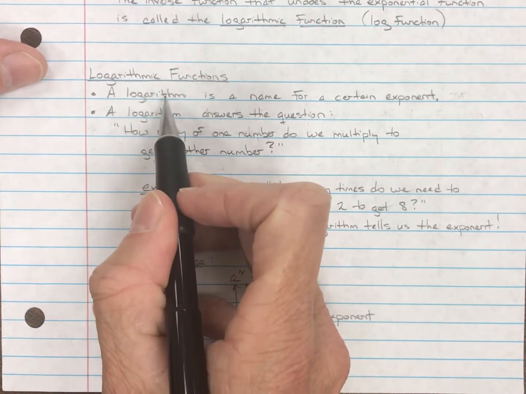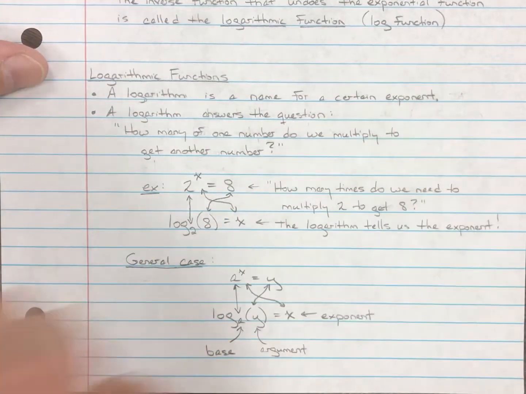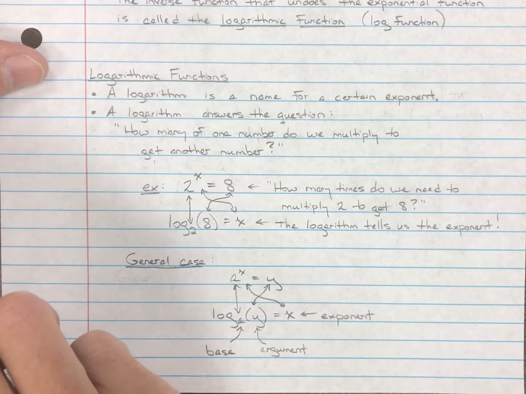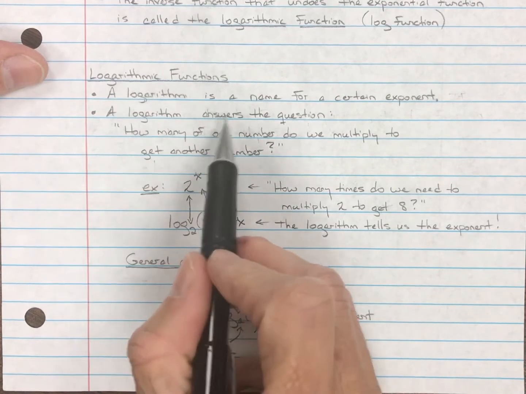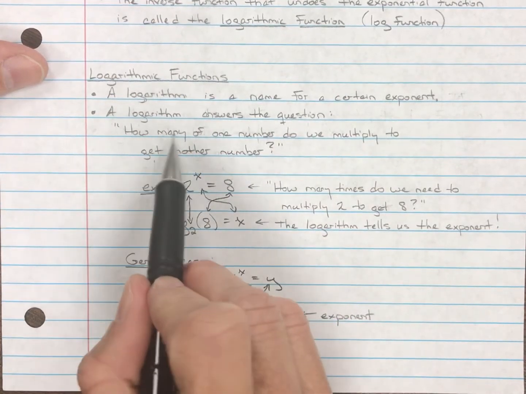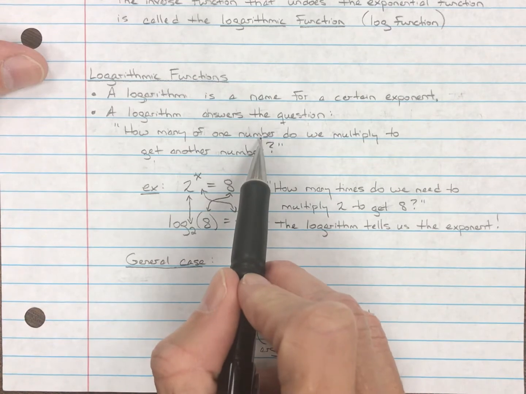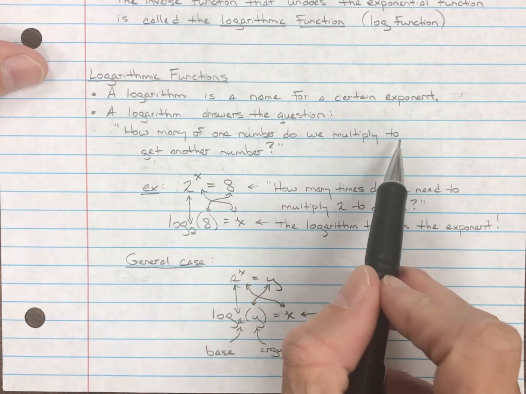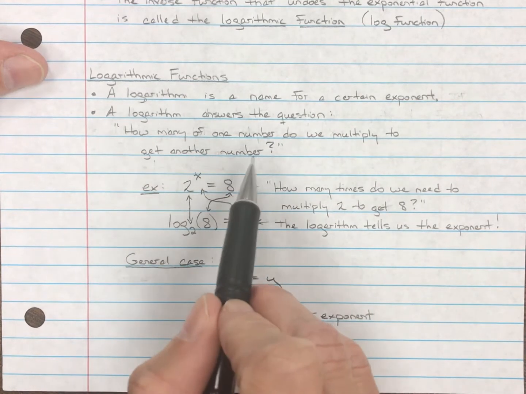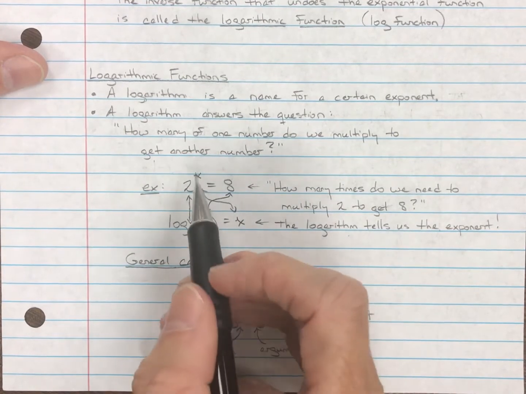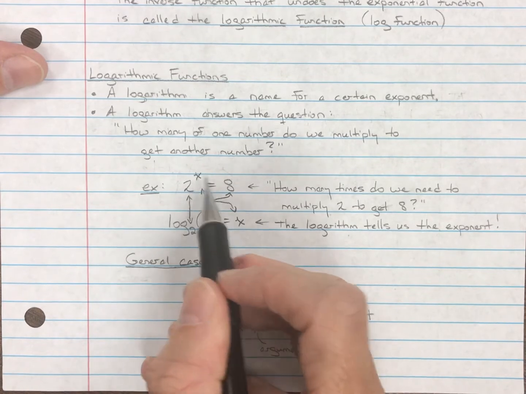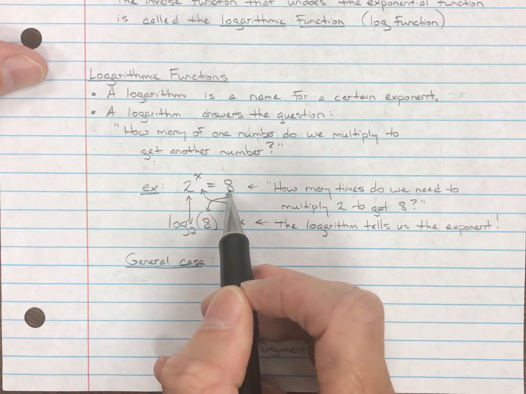A logarithm is a name for an exponent. That's what a log is. A log is equal to an exponent. It answers the question, how many of one number do we need to multiply to get another number? So here's an example. 2 to the x is equal to 8.